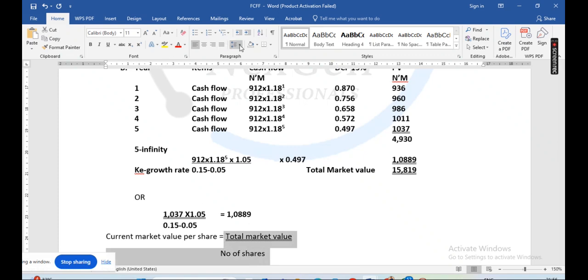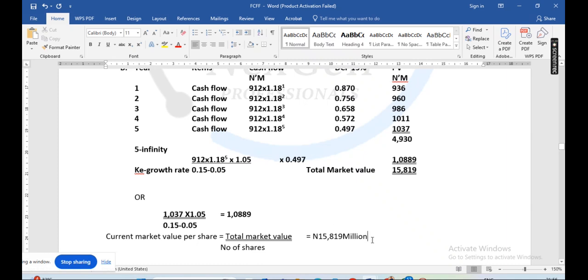So therefore, we can pick it up from there, right? Divided by the number of shares. So this is 15,819 million divided by 600 million shares.